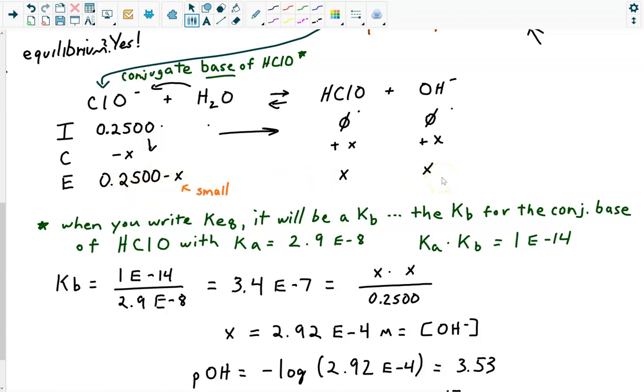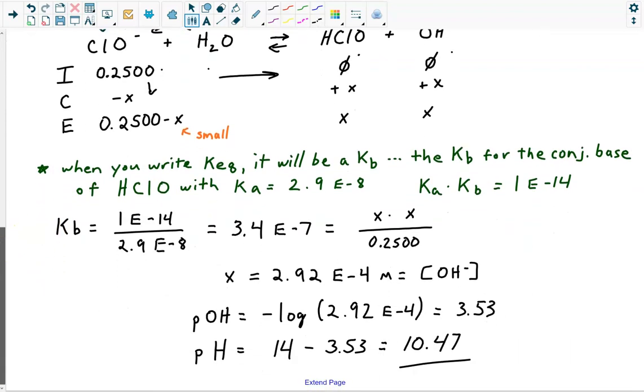Okay. Now, you've got to remember what is present. This is the conjugate base, ClO minus. And so you know when you write your equilibrium expression to calculate the concentration of x, you don't have any HClO present. It's only ClO minus. So when you write the Keq, the Keq is going to be equal to x times x over 0.250.